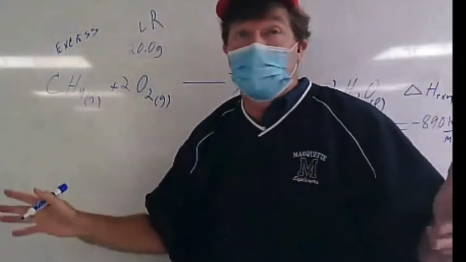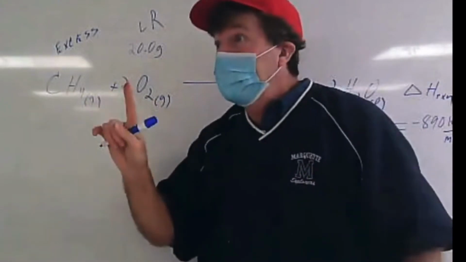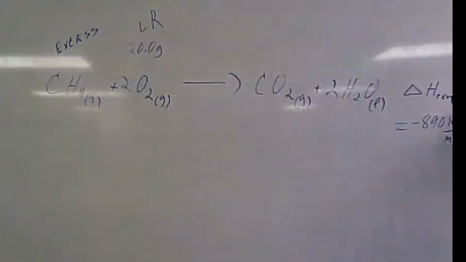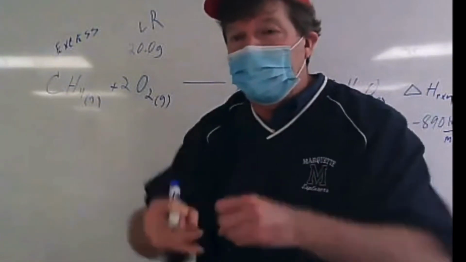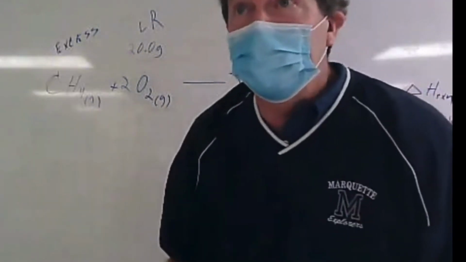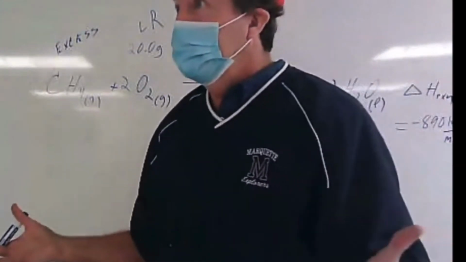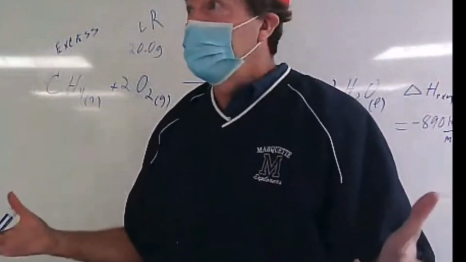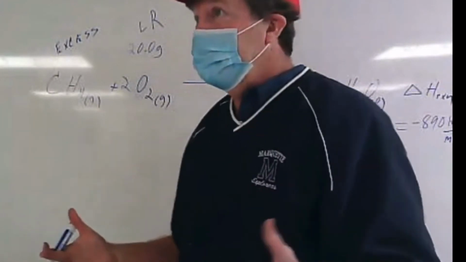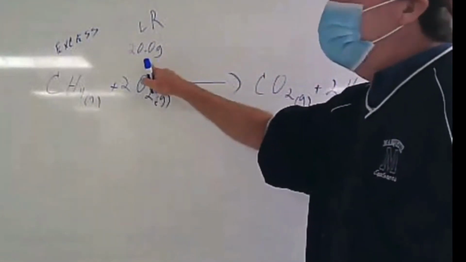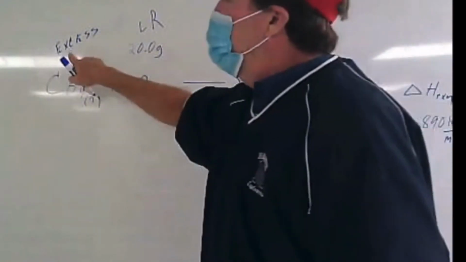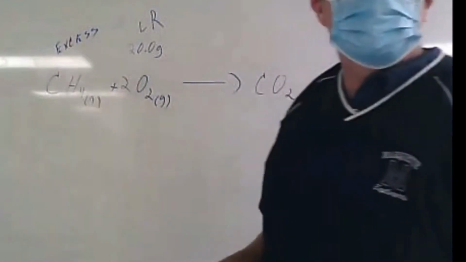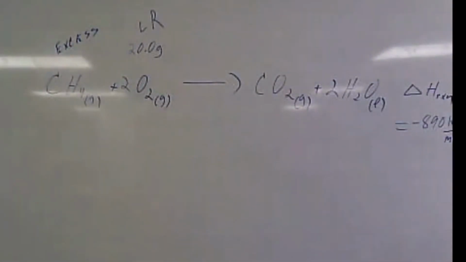Limiting determines product. Only said that 15,000 times. But now limiting determines heat released, right? Here's the idea. 1 gallon of gasoline releases a certain amount of heat when it explodes. 10 gallons releases 10 times as much heat. Extensive property. Depends on the amount. Okay? Anyway, how much heat's going to be released if 20.0 grams of oxygen gas reacts with excess amounts of CH4? Go ahead, doer.